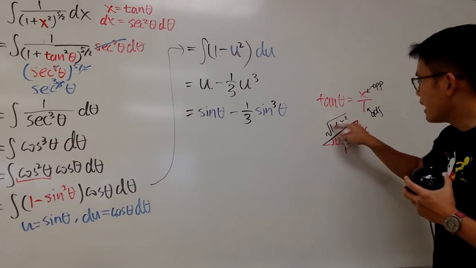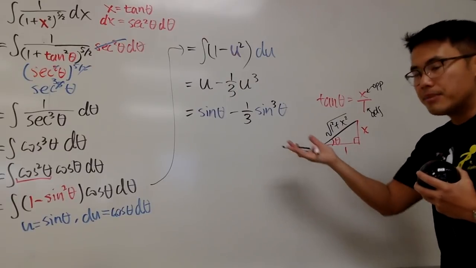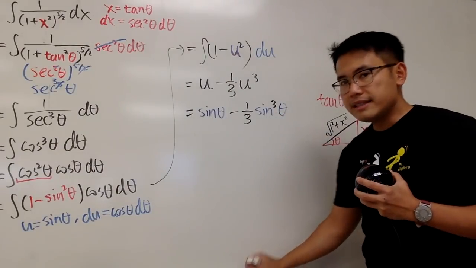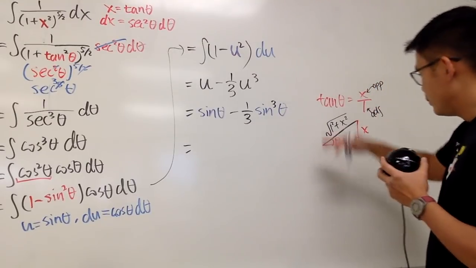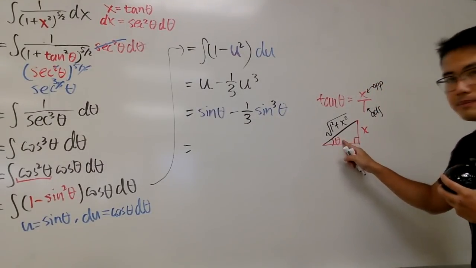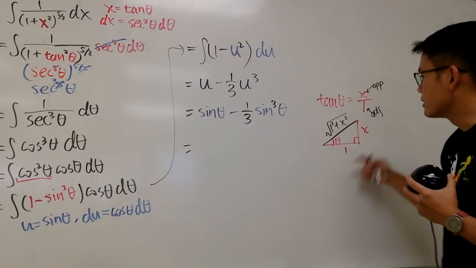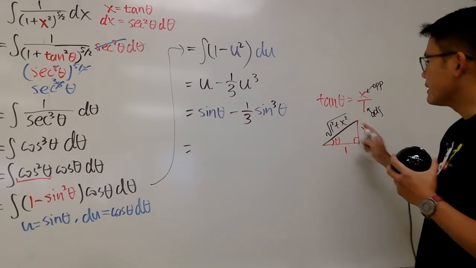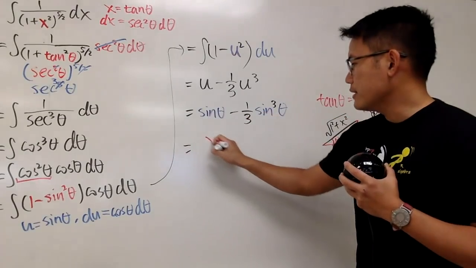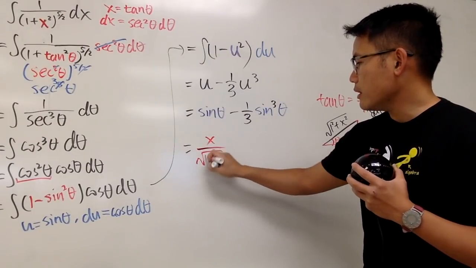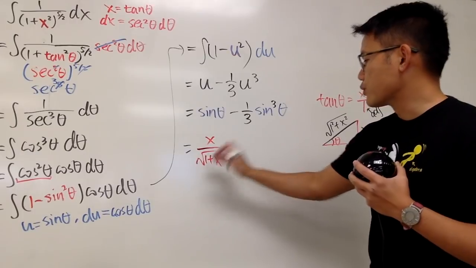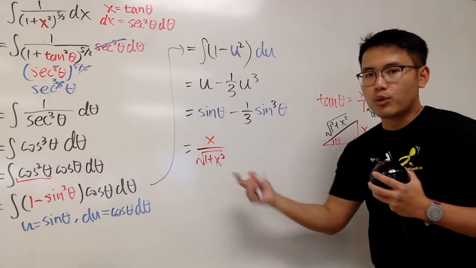And with this being done, the beauty is that we can get back to the x world pretty nicely. Well, we just need to figure out what sine is. Look at this picture. Sine is opposite over hypotenuse. So the first part is just x over that. And I'll put this down right here for you guys. x over the square root of 1 plus x squared, and 1 squared is of course 1.